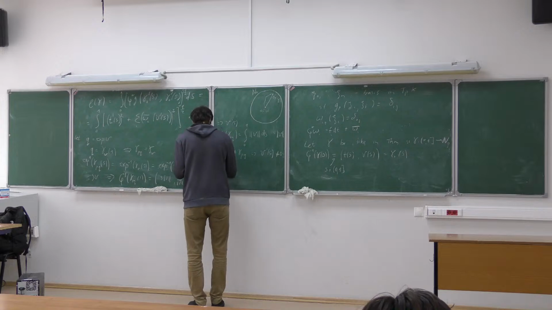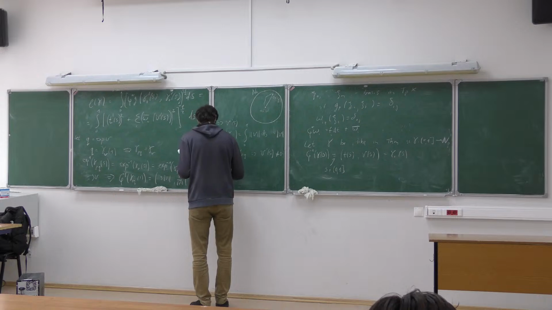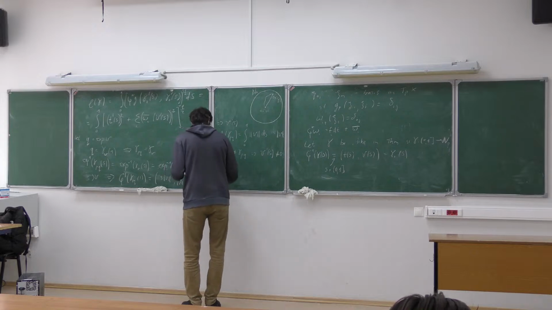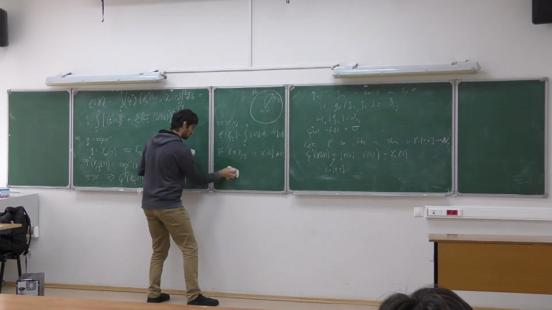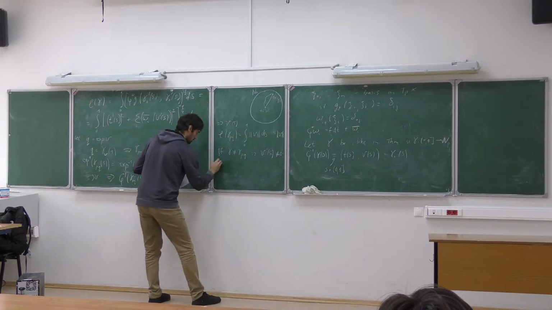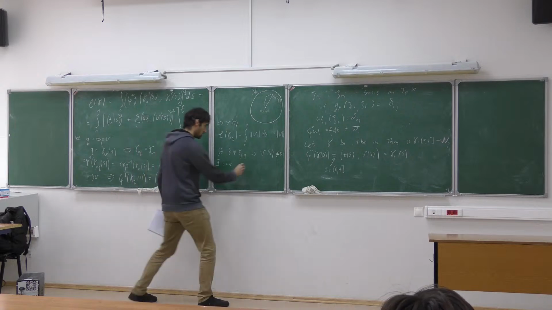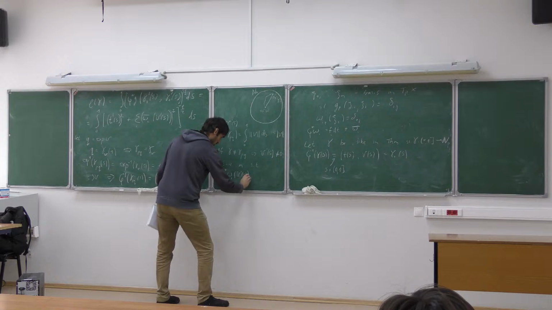So this means that there exists phi I star of omega I. So the statement is that there exists some I, between 1 and n, such that phi star omega I of v prime of s is not 0.